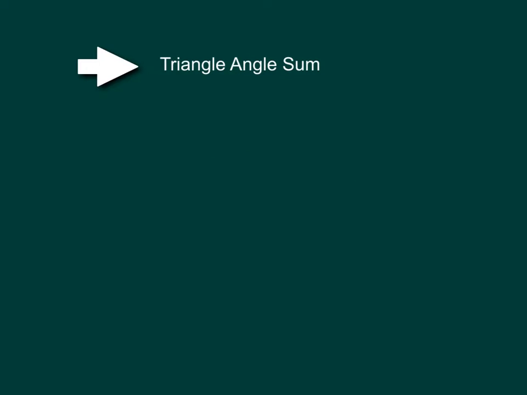Let's take a look at triangle angle sum. So if we drew a triangle, and again, I struggle with getting onto the pen. Now we're onto the pen. Let's do an obtuse triangle like this.